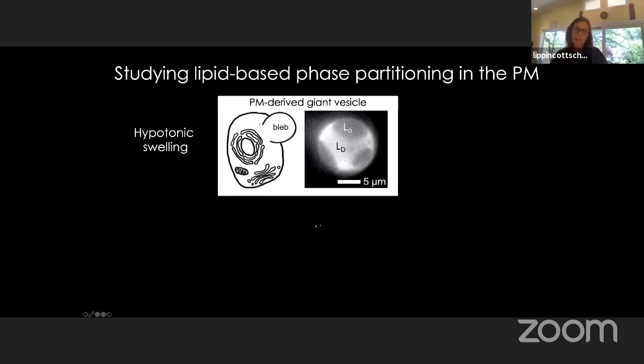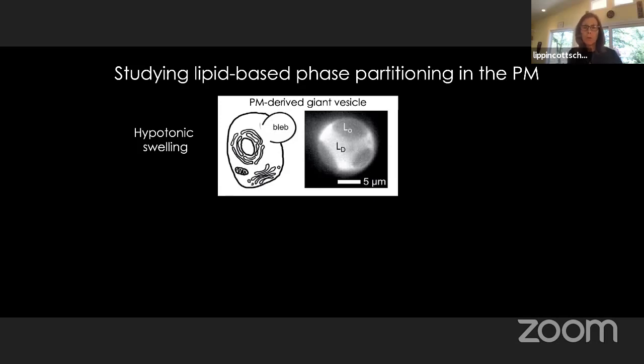Ordinarily, if you look at the plasma membrane, it's very hard to see segregation of proteins into ordered or disordered domains, presumably because of the actin cytoskeleton and dynamic endocytosis and exocytosis that is recycling the membranes at the plasma membrane. It's hard to see this kind of spatial segregation of these different domains.